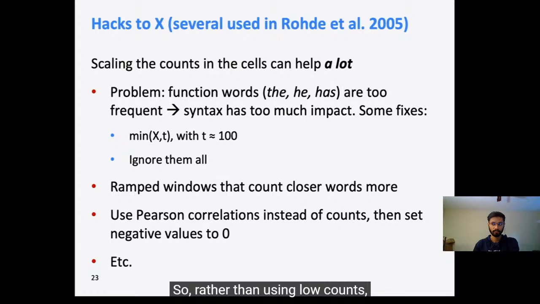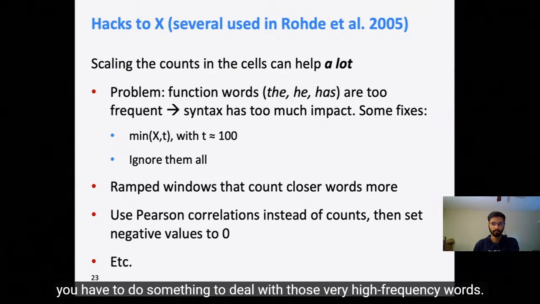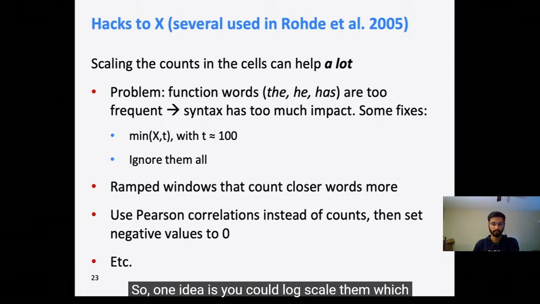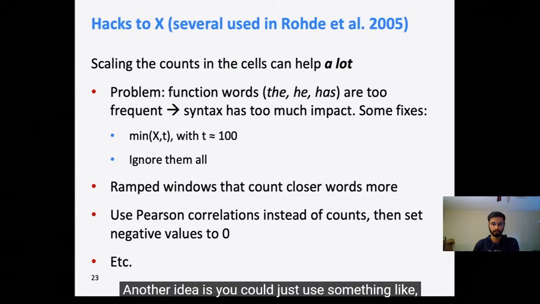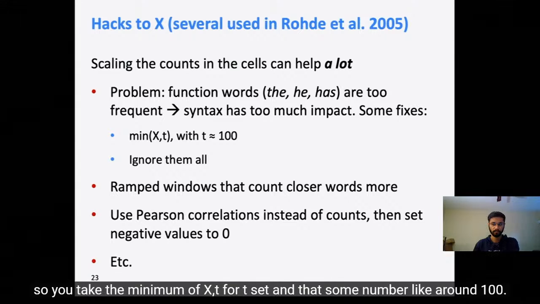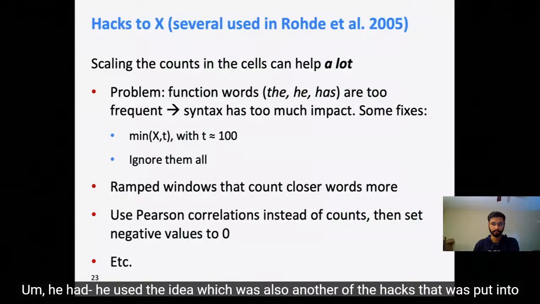So rather than using raw counts, you have to do something to deal with those very high frequency words. One idea is you could log scale them, which is also commonly used in information retrieval. Another idea is you could just use something like a ceiling function, so you take the minimum of x comma t for t set to some number like around 100.